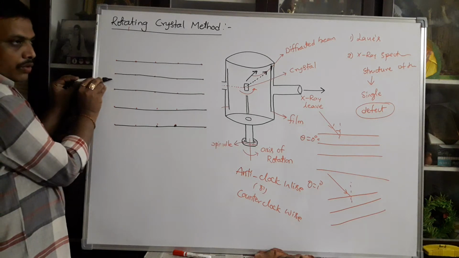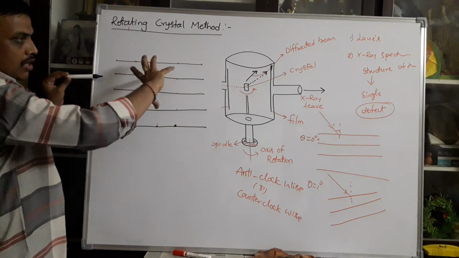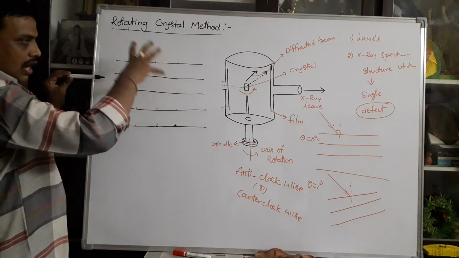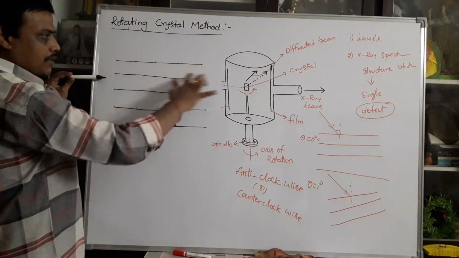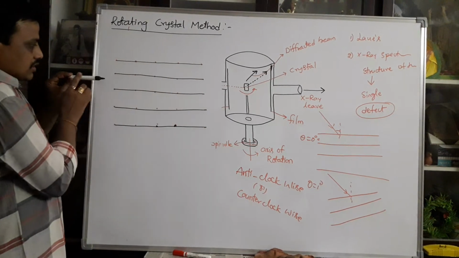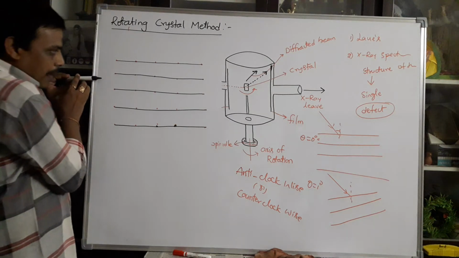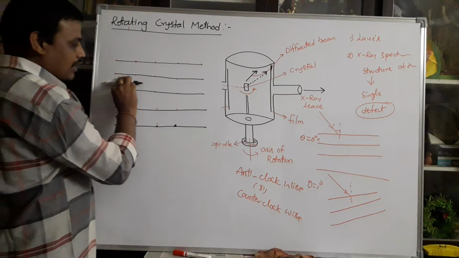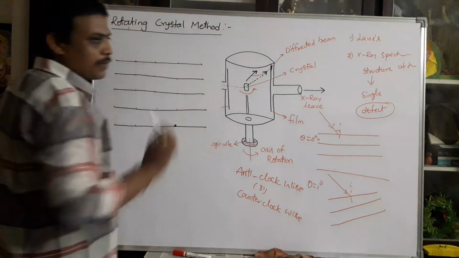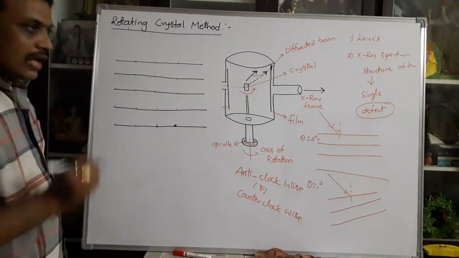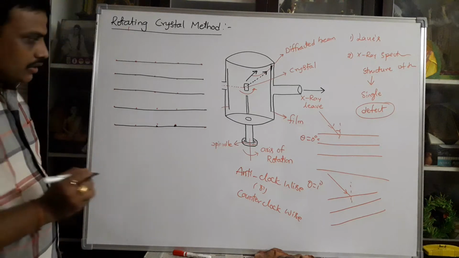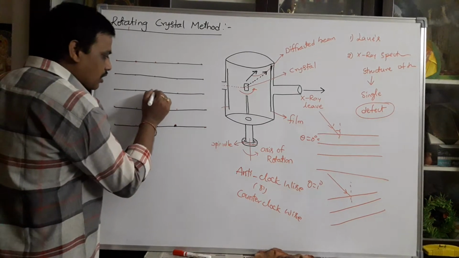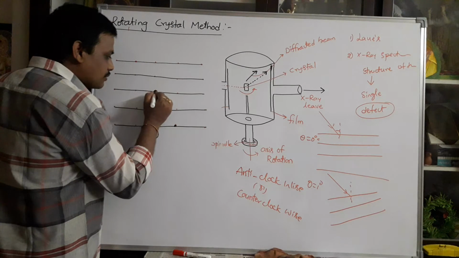In this condition all lattice planes are parallel to each other, and the X-ray is also incident parallel to the lattice planes. The X-ray goes through the interspacing, so there is no deviation. On that condition, they create the central maximum.